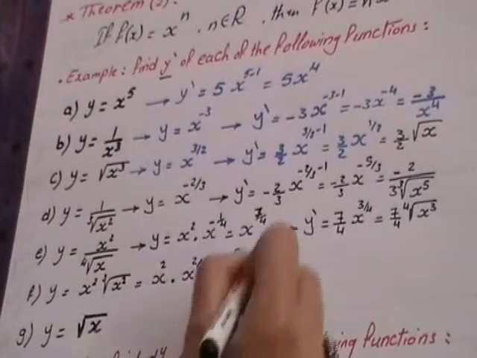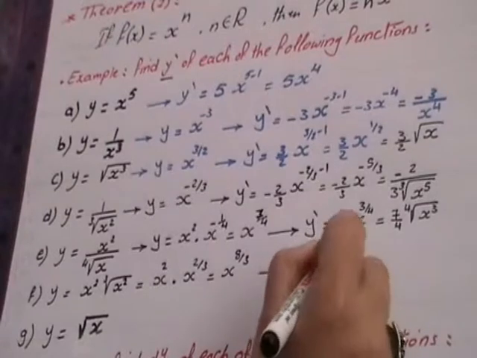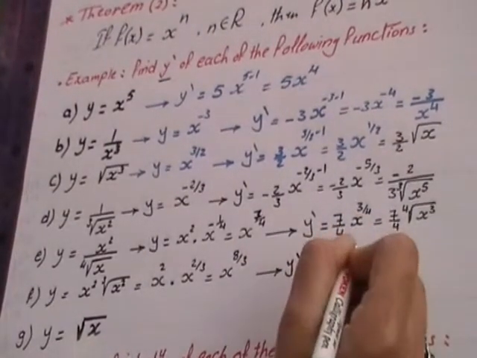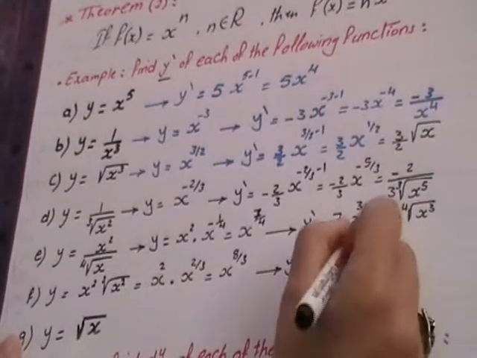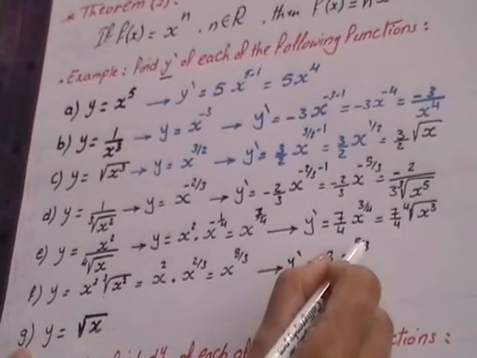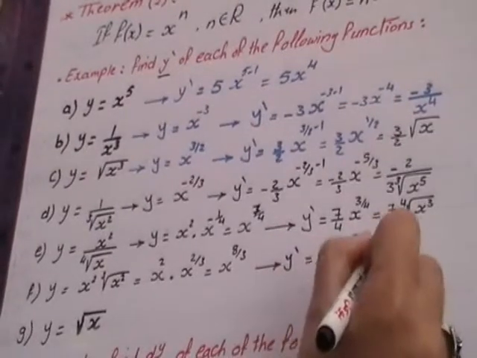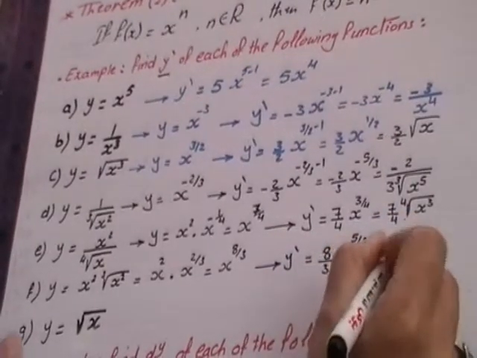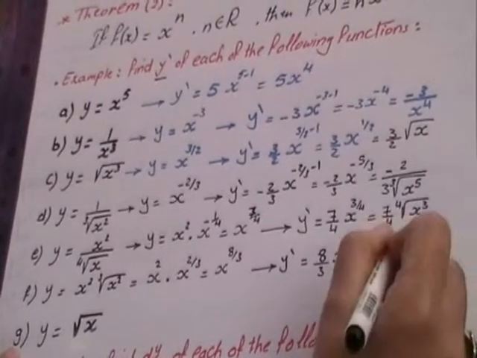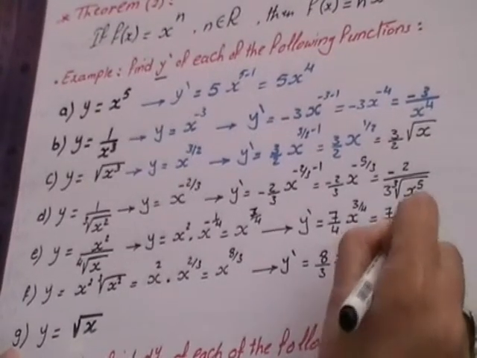Now we get the first derivative: y dash equals 8 over 3 x power 8 over 3 minus 1, which is x power 5 over 3. We change the fractional power into roots: 8 over 3, what is the inner power and the outer power? The inner power is 5, so x power 5 under the cubic root.